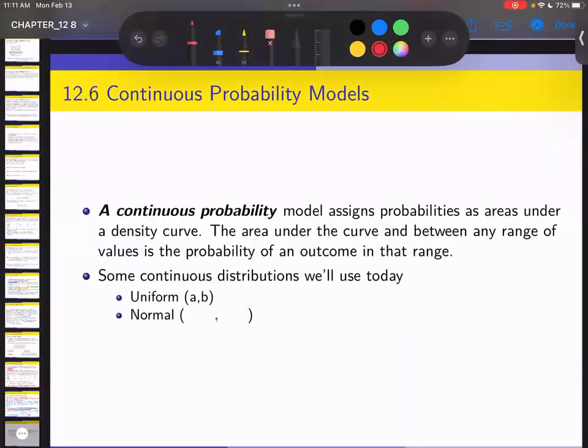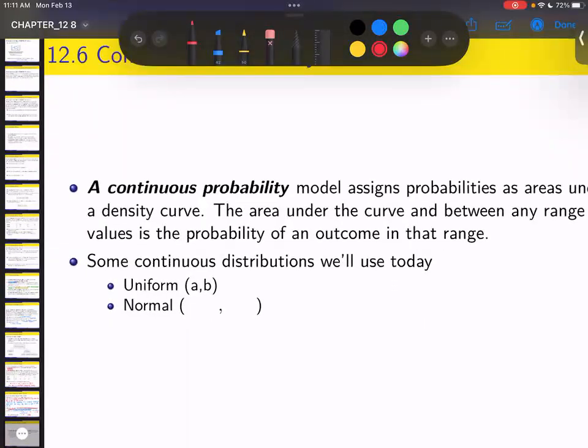Some of them we already know. The uniform distribution has this notation: uniform, parenthesis a comma b. And someone remind me, what is the distribution of a normal random variable? What should I fill in those two empty spaces?